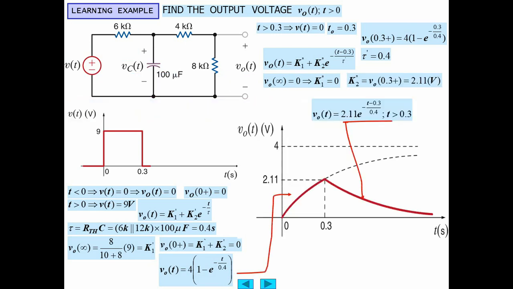There we go. So the authors, this is the solution from 0 to 0.3 seconds, and then this is the solution after that. Okay.